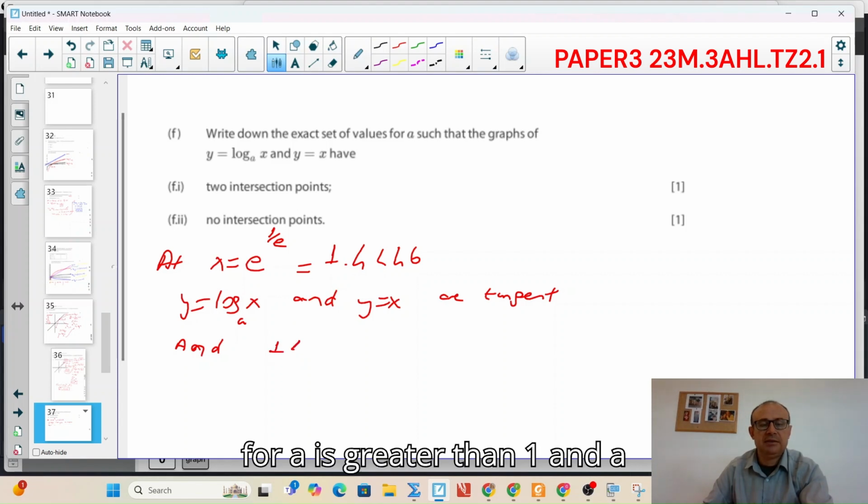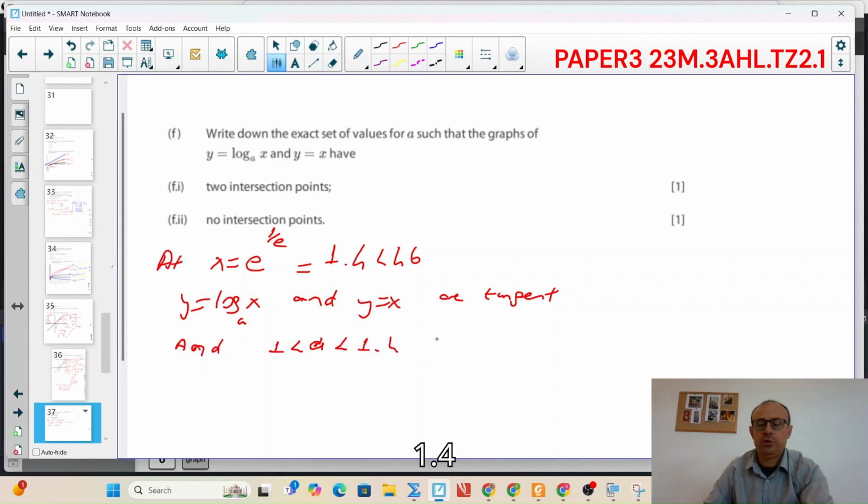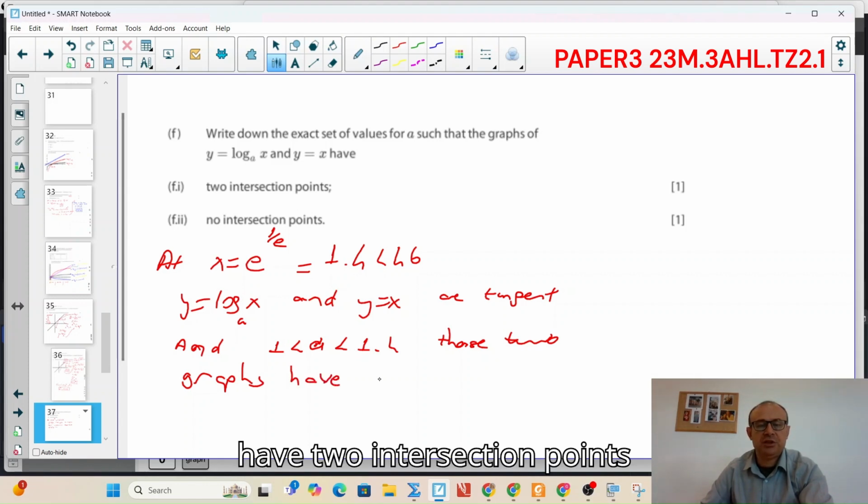For a greater than 1 and a less than 1.4446, these two graphs have two intersection points.